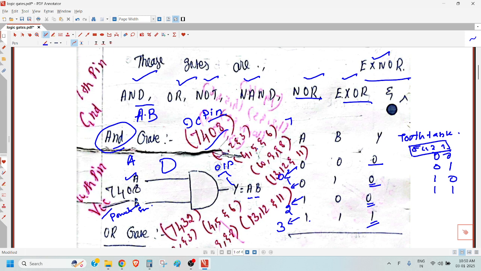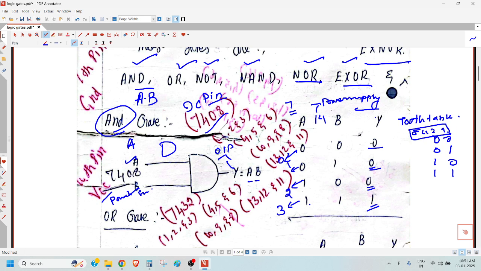I already mentioned 7 is used for ground, that is why we didn't mention it here. Then afterwards 10 and 9 are inputs, 8 will be your output, then 13 and 12 are inputs and 11 will be your output. 14 I already mentioned is used for power supply. So this is the AND gate.